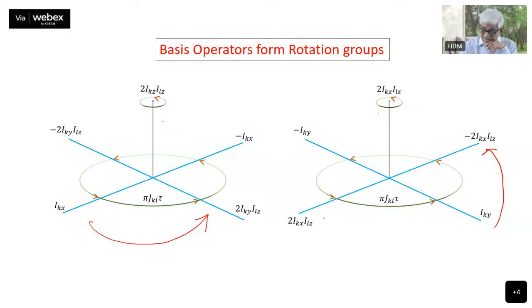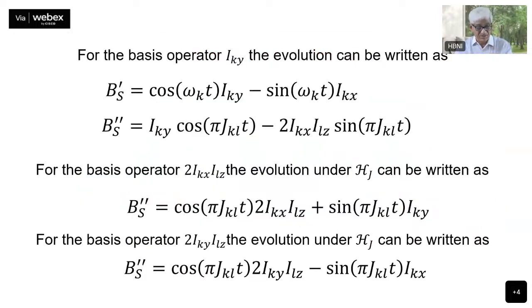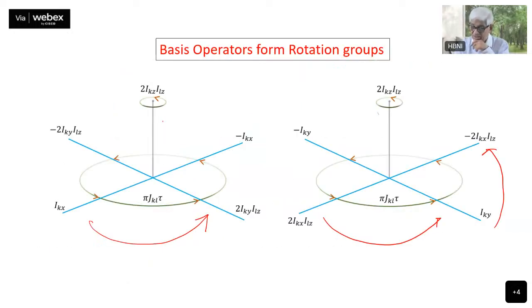I get 2 I_kx I_lz and I_ky, and that's what was there. And if I start with 2 I_ky I_lz, I get 2 I_ky I_lz and minus I_kx. So we say these form a rotation group.